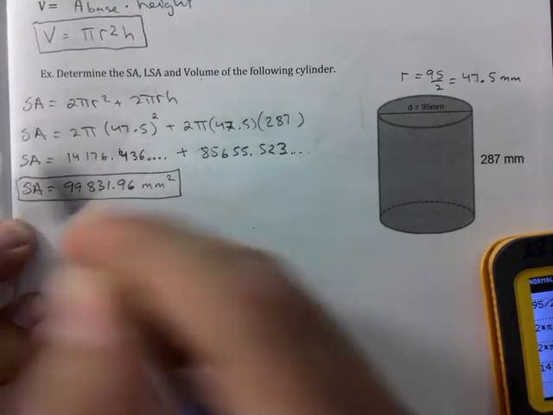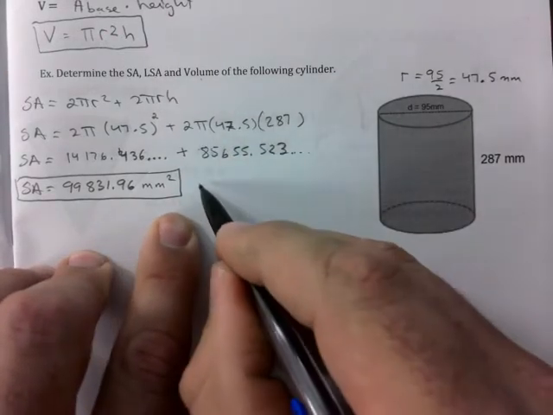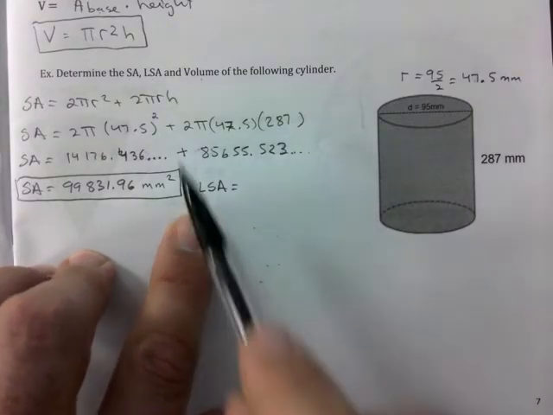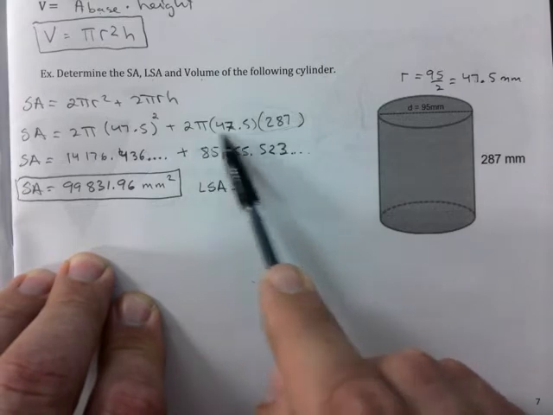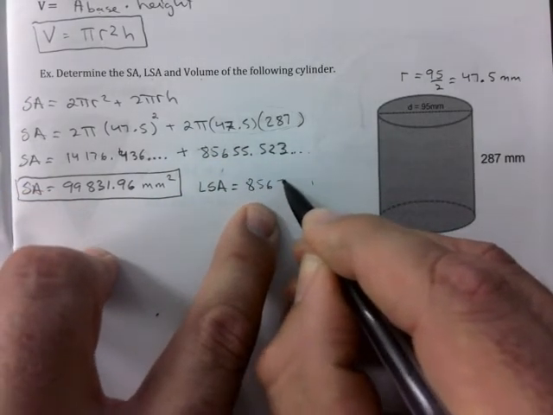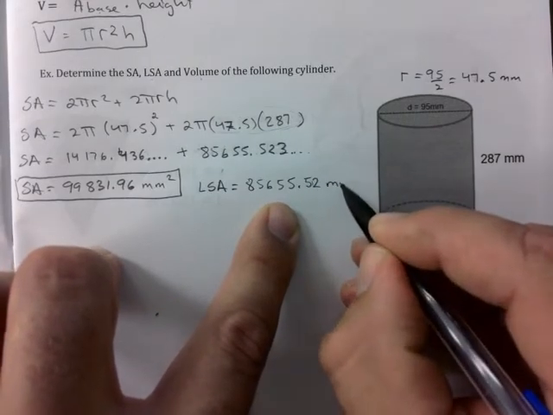It's asking for lateral surface area as well. So this is actually very easy to answer, because if you remember, this part right here gives me the lateral surface area. So I'm just going to copy that number, 85,655.52 millimeters squared.